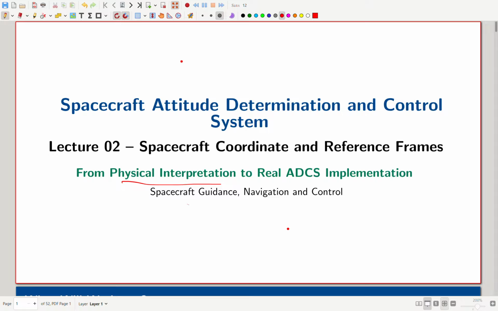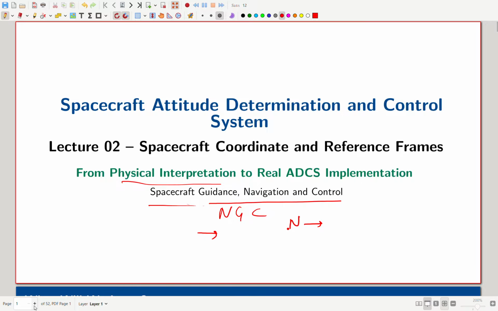Generally, guidance, navigation and control, which I call GNC: first navigation, where we are; then guidance, where we want to go; and then we perform, giving the actuation target to achieve that. That's the way we have to go. Most people call it GNC.